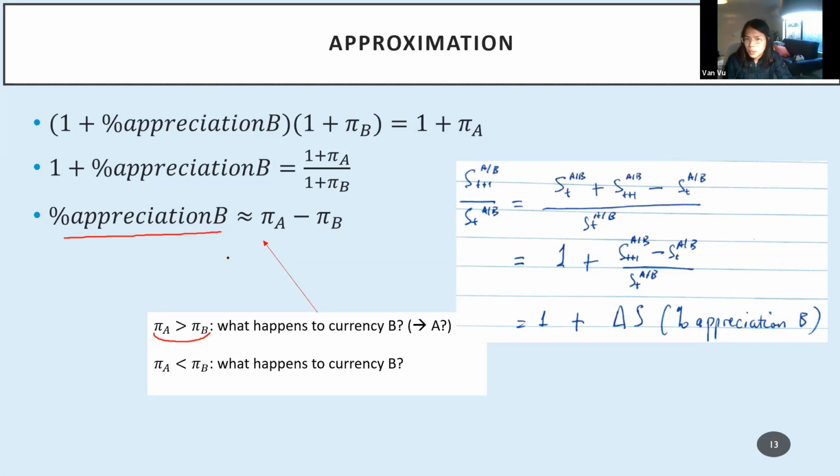Do we expect currency B to appreciate or do we expect currency B to depreciate? Yep, I've got an answer here. Currency B appreciates, right? Spot on, gang.